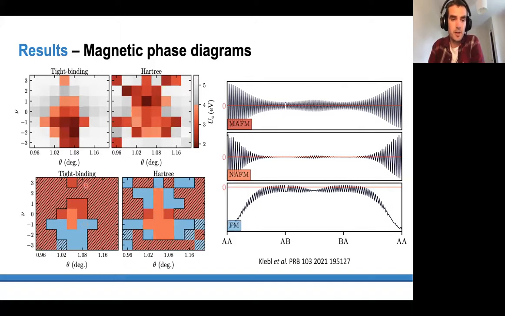So in the tight binding case, this is for electron and hole doped systems right around the magic angle, as you can see here. When we include these Hartree interactions, we actually find something quite different. So now we find ferromagnetic phases at twist angles away from the magic angle, and they usually occur more towards plus or minus 2 and 3 electrons rather than sort of minus 1.